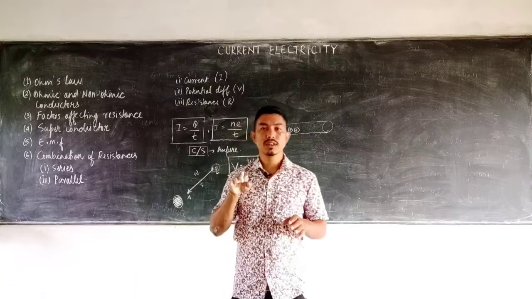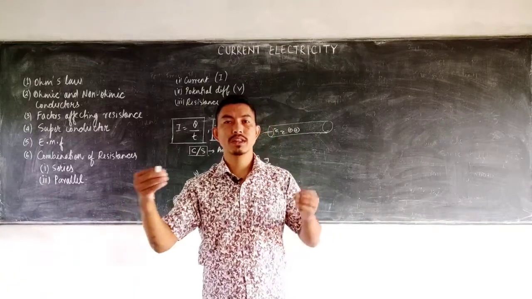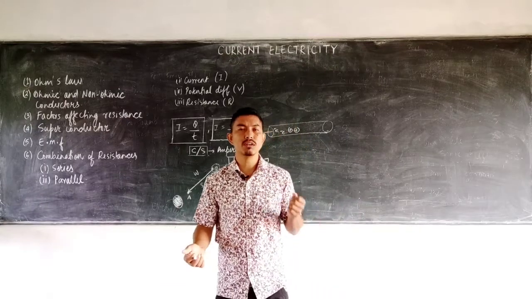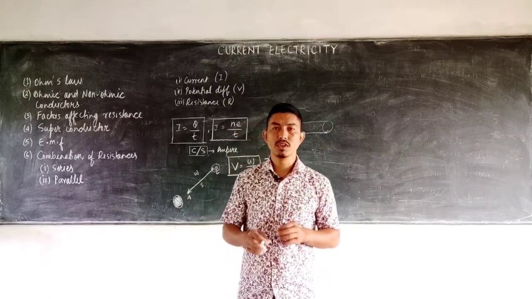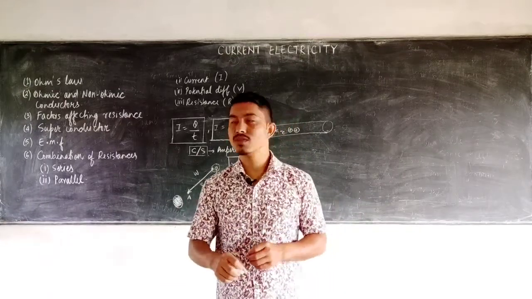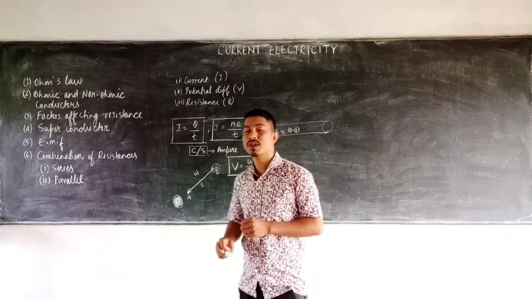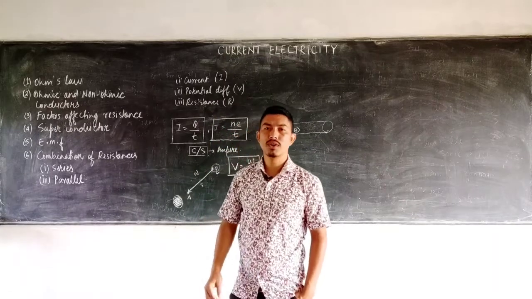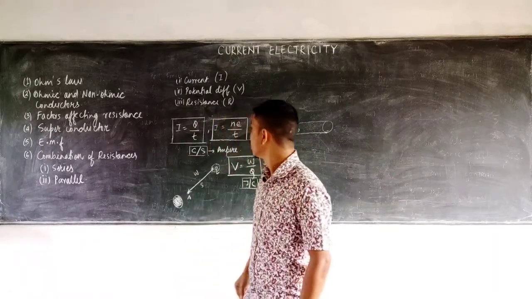So when electrons flow through the wire, there is a collision between the electrons and the ions and molecules of the given metal. That obstruction offered is known as resistance. Thus we can say that resistance is the obstruction offered to the flow of current.